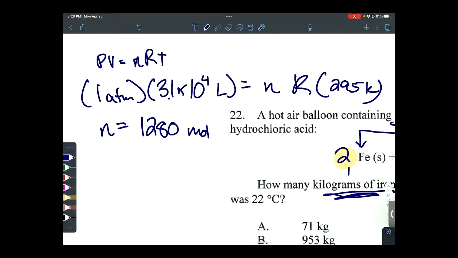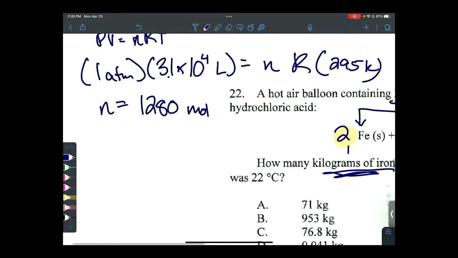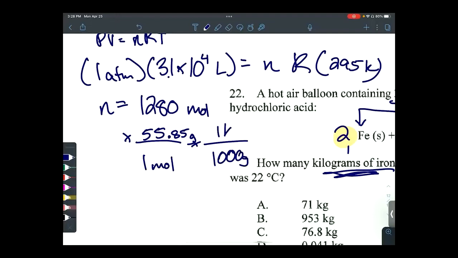Did you get that? Then I multiply by 1, and then by the molar mass, 55.85, and remember we want this in kilograms. So 1,000 grams is 1 kilogram. And I got 71.